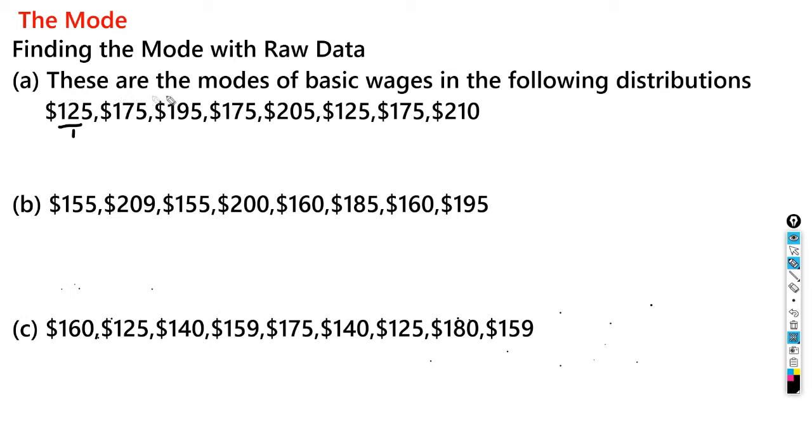It says to find the modes of basic wages in the following distributions. So I'm seeing one 125, then two 125s, then one 175, two 175s, three 175s, and I see one 195, one 205 and one 210.